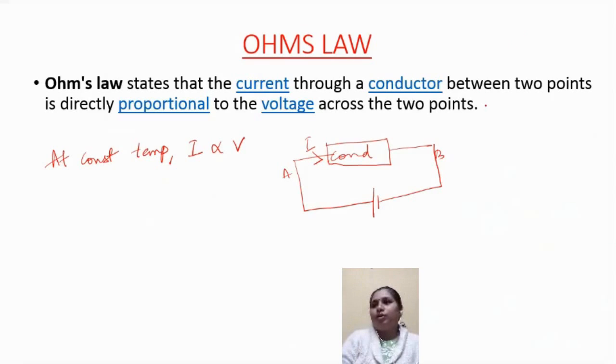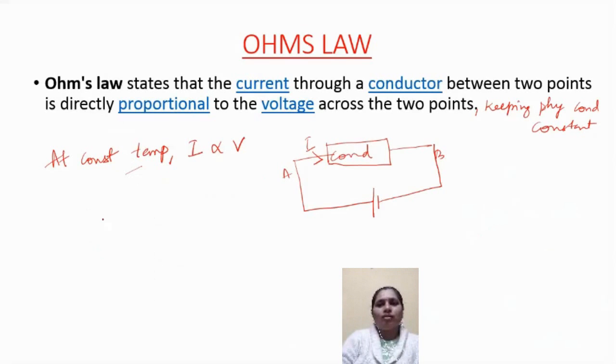Here you need to add on, keeping physical conditions constant. Physical conditions mean there won't be any change in temperature, there won't be any change in pressure and all those things.